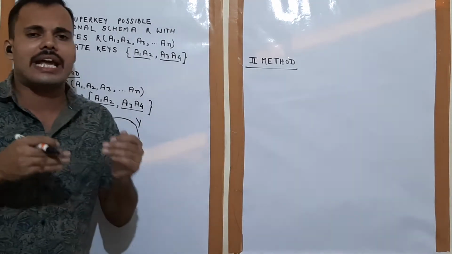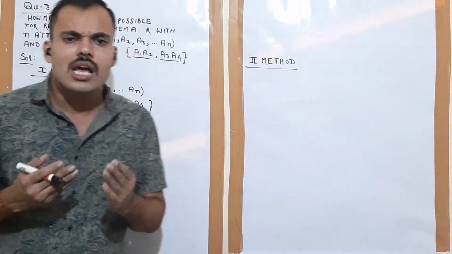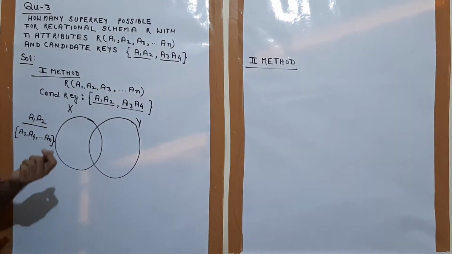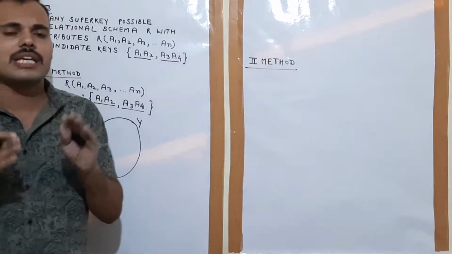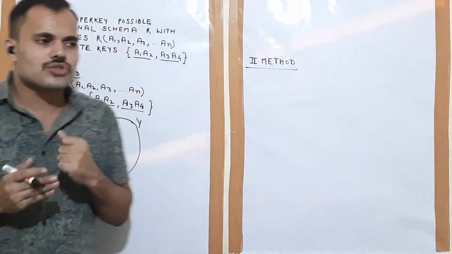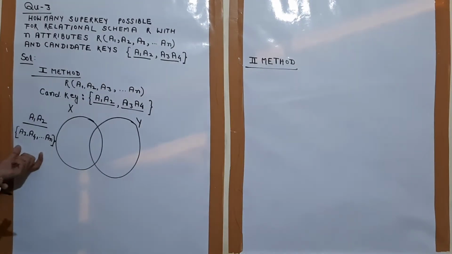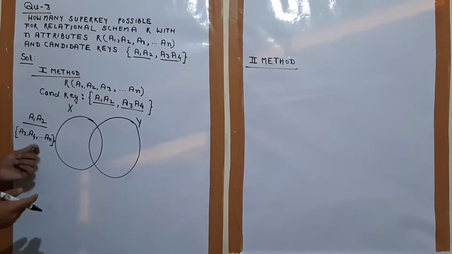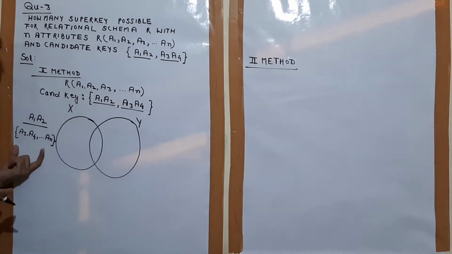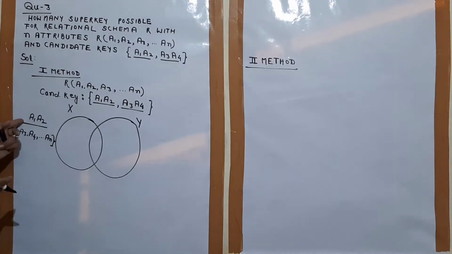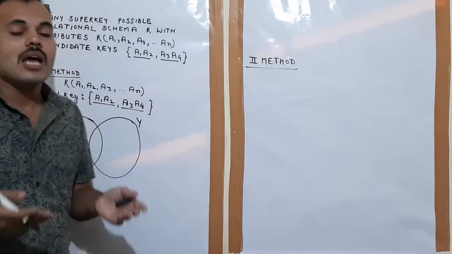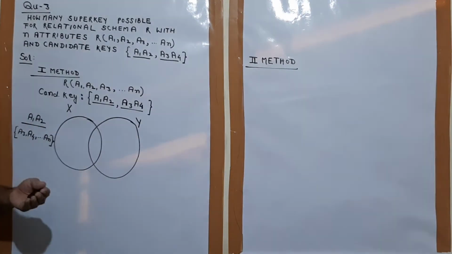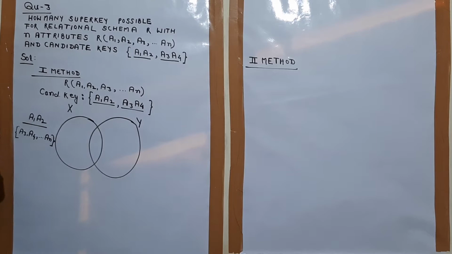We are not considering A1, A2 because they are the attributes of the candidate key. When we combine 0 or more of these other attributes with this candidate key, we will get a super key because of this candidate key.